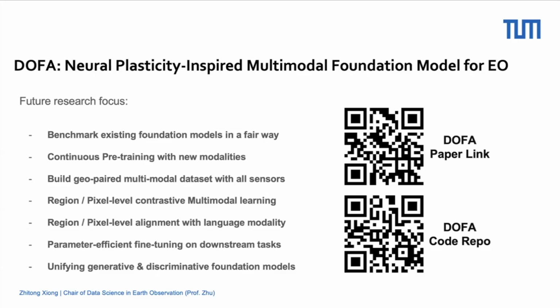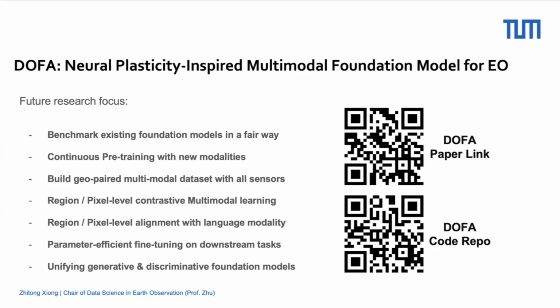And we also need to work on region-level and pixel-level contrastive multimodal learning, not only on the image level. And for AI assistants, we also need to work on region-level, image-level, and pixel-level alignment with the language modality to make use of the ability of very large vision-language models.